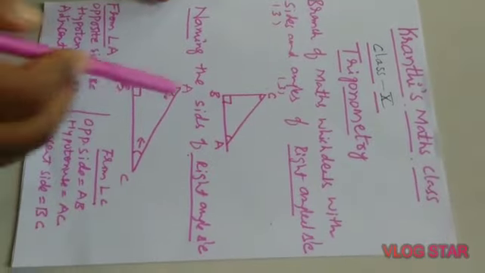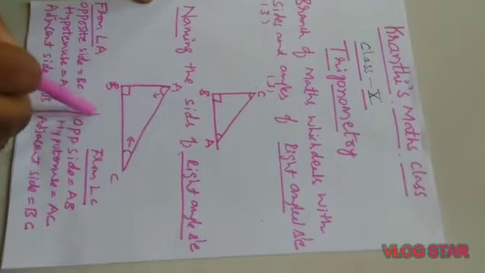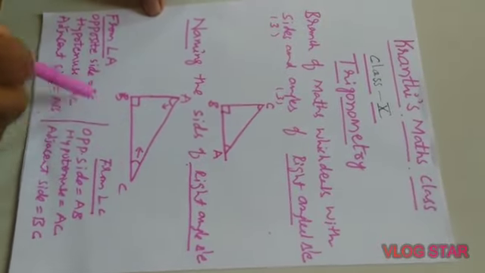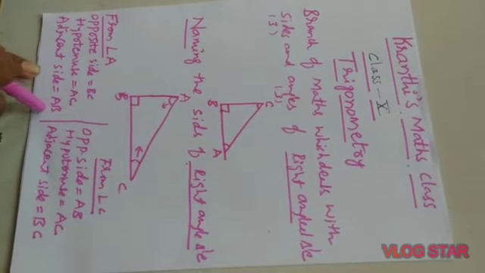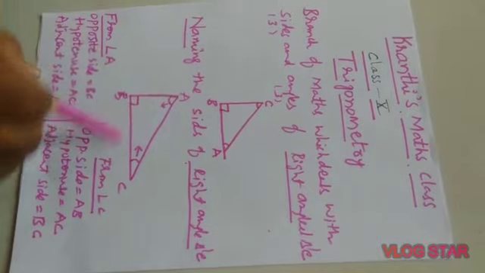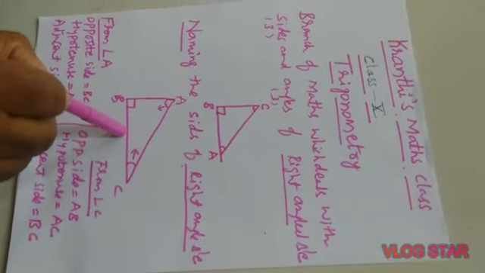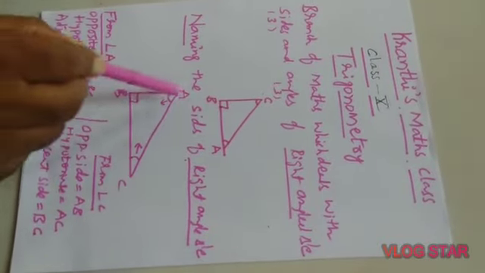These are the names of the sides of a right angle triangle in two ways. All of trigonometry depends on these three sides: opposite side, hypotenuse and adjacent side.